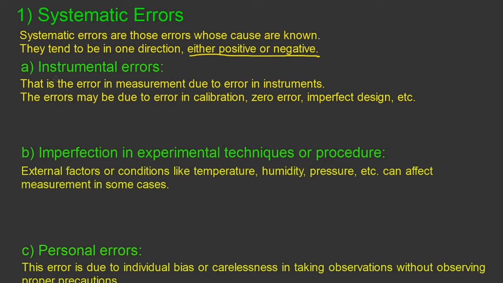1. Instrumental errors. That is, the error in measurement due to error in instruments. The error may be due to error in calibration, zero error, imperfect design, etc. For example, your weight may be measured more or less if the needle on the weighing machine is not pointing to 0 initially.